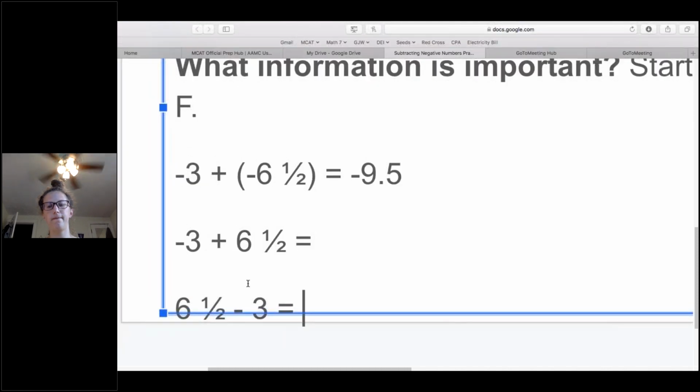What's 6 minus 3? 3. And 0.5 minus 0 is 0.5. So if I subtracted these just as if they were positive, I get 3.5. And my final answer is going to be positive or negative? Which number's bigger? Positive 6, so that's going to be positive.